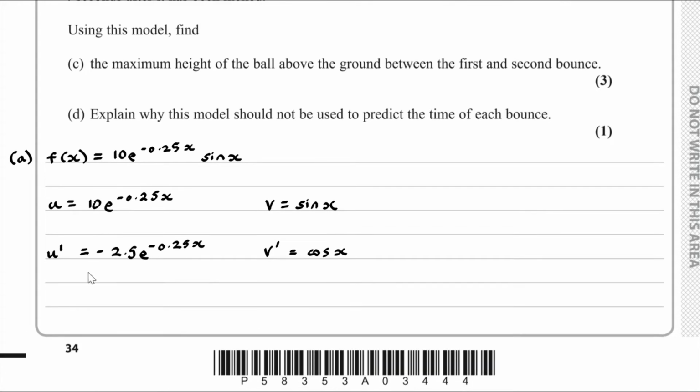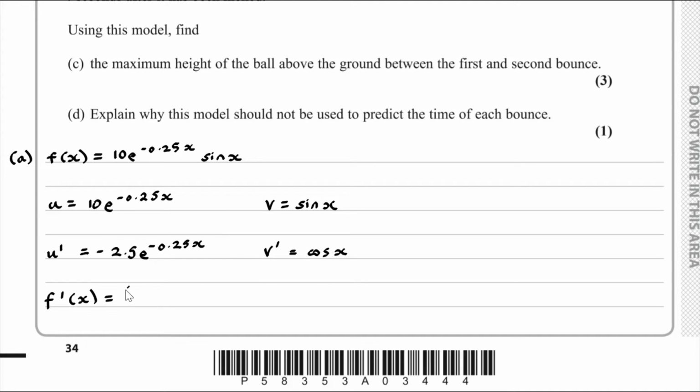So working out f dash of x, that's equal to v times u dash, or we can have u times v dash, doesn't make a difference.